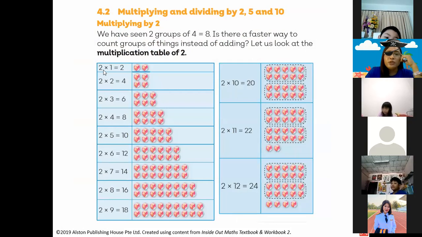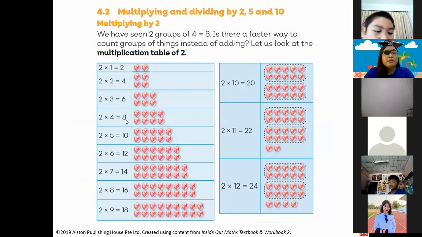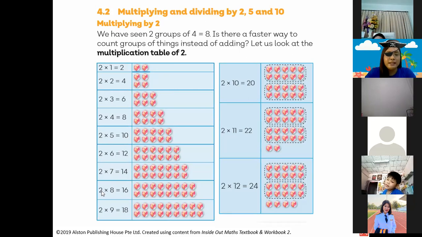So here, 2 times 1, that's 2. 2 times 2, that's 4. 2 times 3, that's 6. 2 times 4, that's 8. 2 times 5, that's 10. 2 times 6, that's 12. 2 times 7, that's 14. 2 times 8 equals 16. 2 times 9, that's 18. 2 times 10, that's 20. 2 times 11, that's 22. And 2 times 12, that's 24.